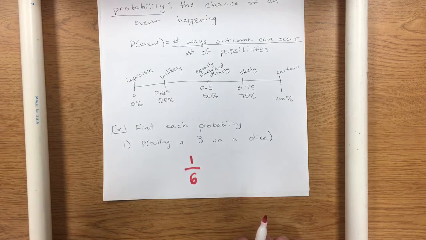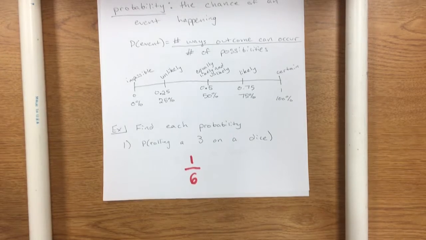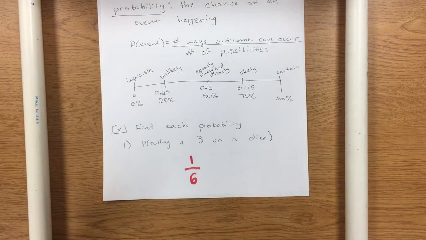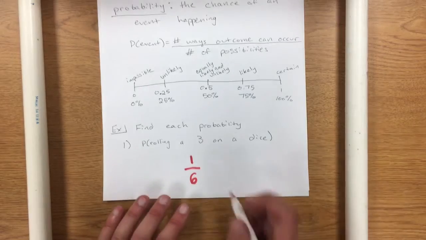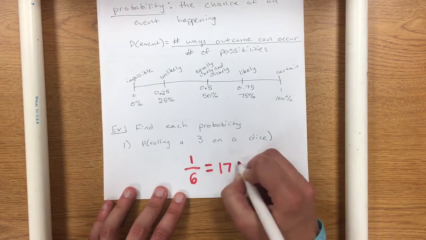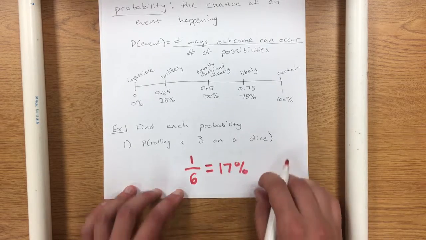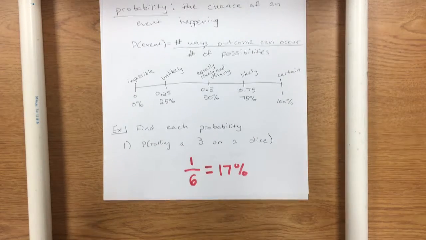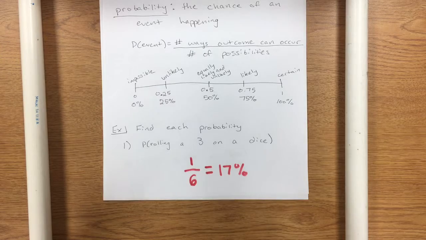So go ahead and plug that in your calculator to find what it is as a percent. Remember, we just want 2 numbers after the decimal point. So when we round up, what do we get? About 17%. So the probability of rolling a 3 on a dice is about 17%.